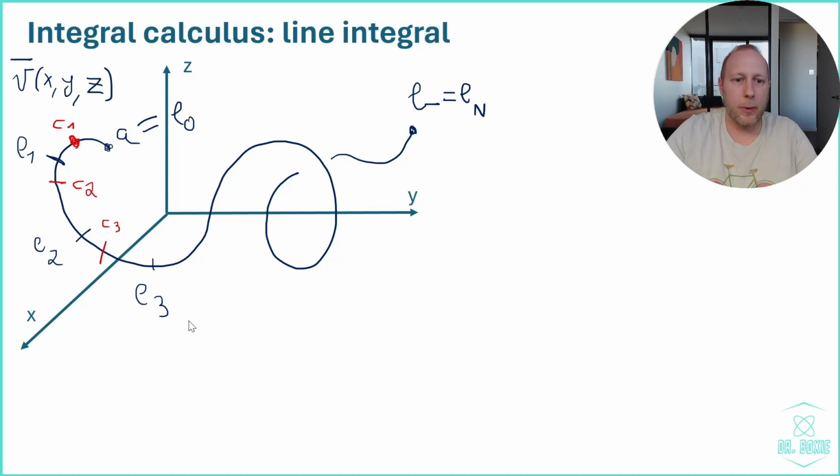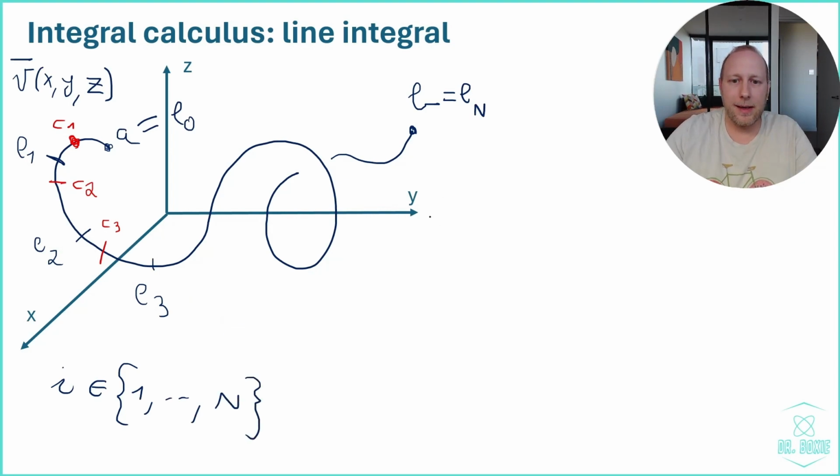Now we want to focus on one of those small pieces of curve. So let's look at the ith one. i again runs from 1 to n.